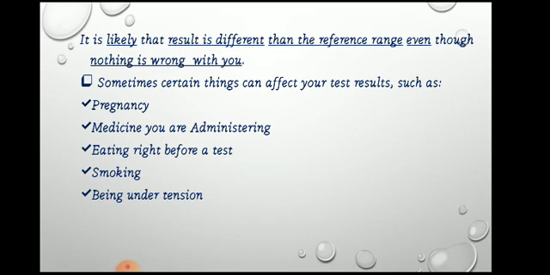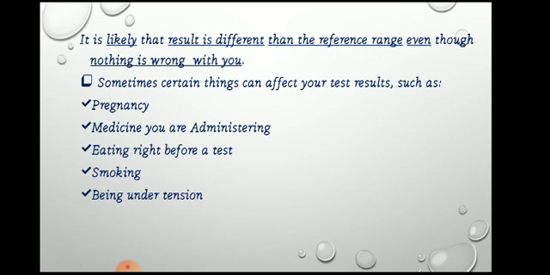Some reasons are mentioned here. First, pregnancy. We know that during pregnancy many hormonal changes occur in the body of a woman, and at that time, if you go for testing some clinical conditions, we may get variation in the ranges of the results.